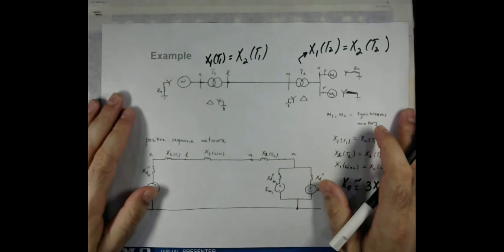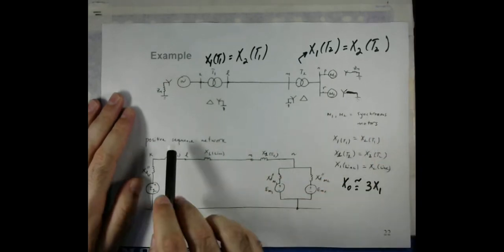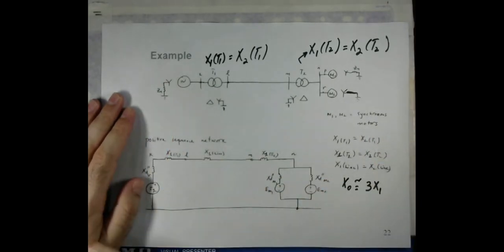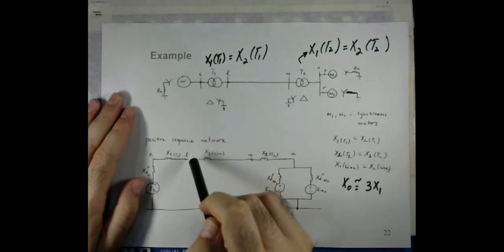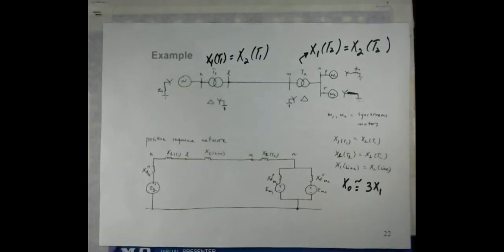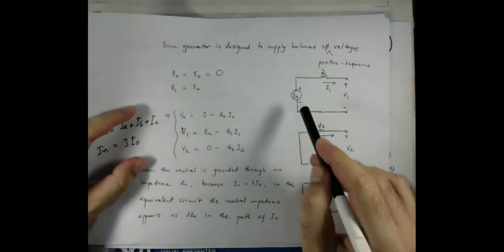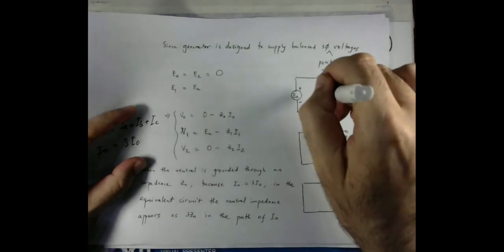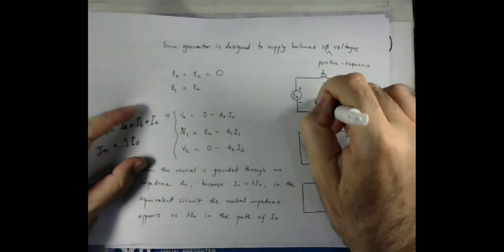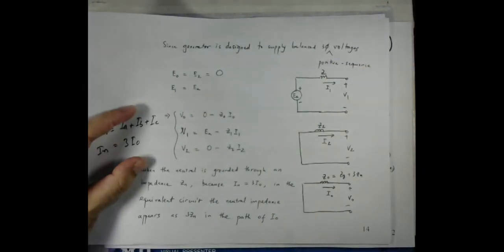Now let's say the positive sequence network. If you remember, for the case of the generator, we have a voltage source only in the positive sequence network. We discussed this point before when we were discussing the synchronous generator.